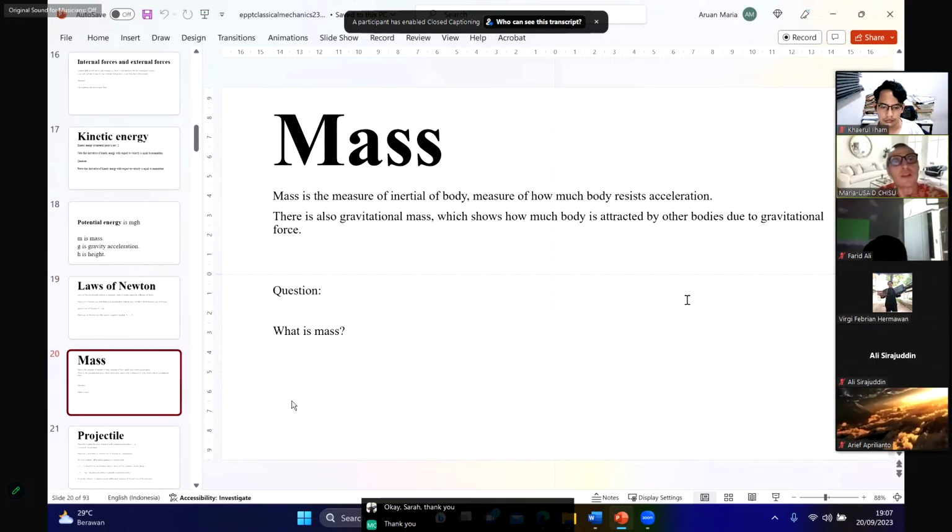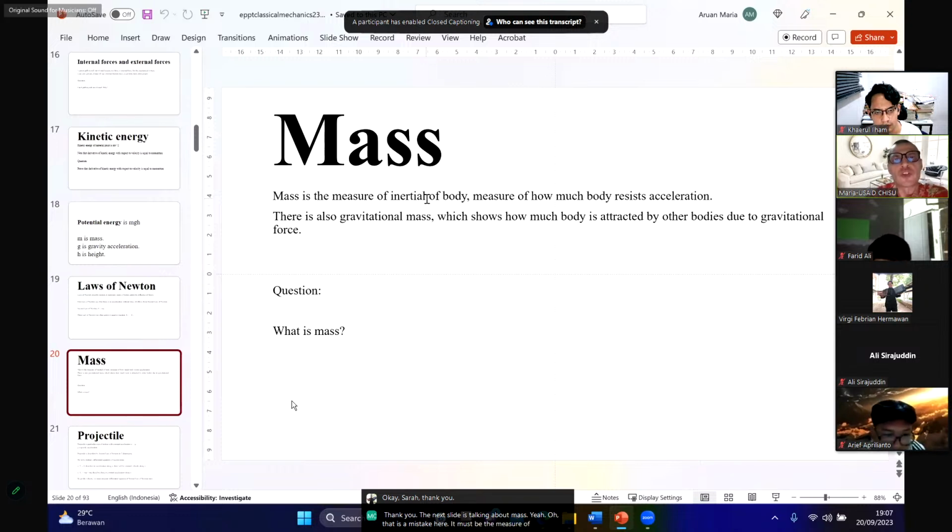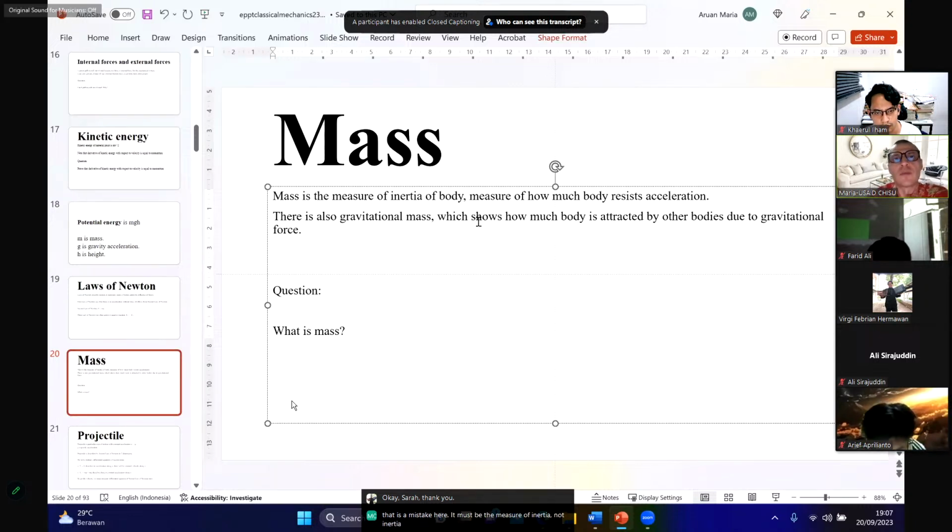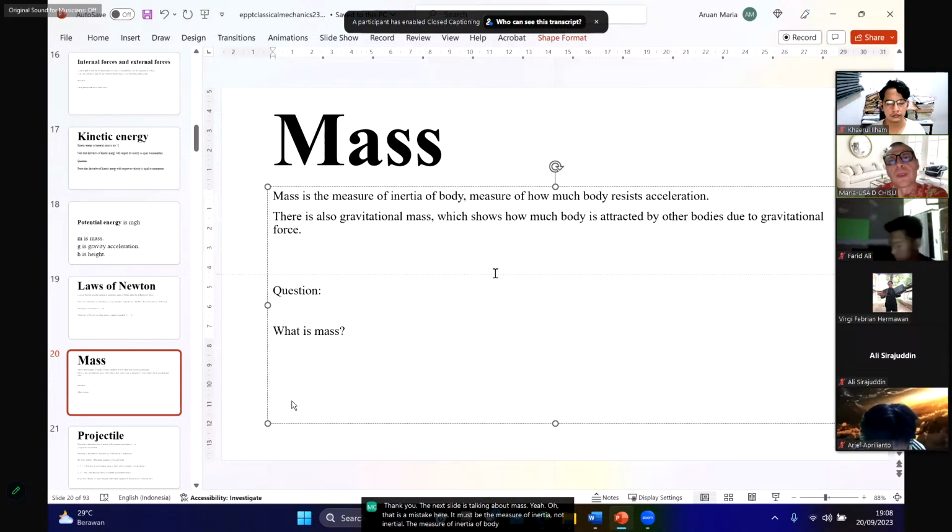Thank you. The next slide is talking about mass. Oh, there is a mistake here. It must be the measure of inertia, not inertial. The measure of inertia of a body. It's the measure of how much a body resists acceleration.